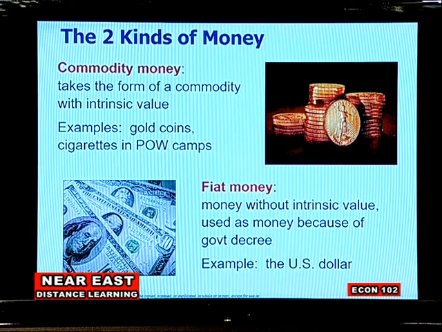The major difference between commodity money and fiat money is that in fiat money, the value is entirely different from the item that we use as money. While with commodity money, like gold and coins, the gold that is melted to produce the coins has the same value as the money itself. These are the major differences between fiat money and commodity money.